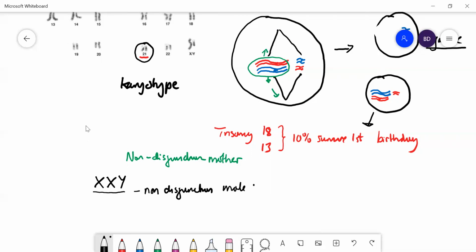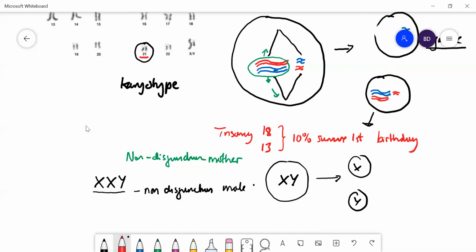because if you think about it, during meiosis in the male you have a cell with 2 sex chromosomes, X and Y, which undergoes the first round of meiosis, and you should end up with one with an X and one with a Y. If this one meets up with a female egg, then you're going to get an XY individual.